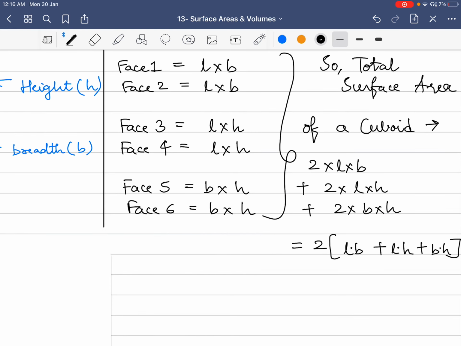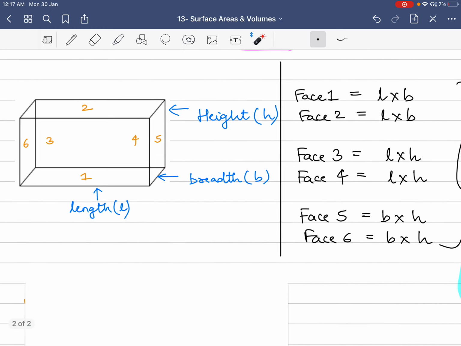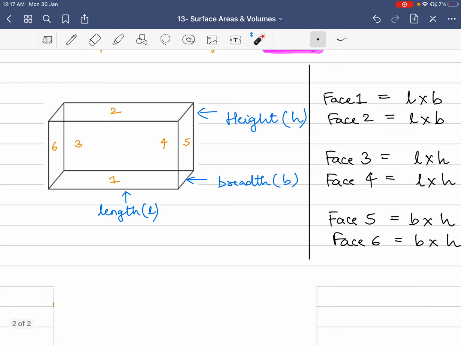I'm going to use a highlighter now. This becomes our surface area for a cuboid, where this is length, this is breadth, and this is height.